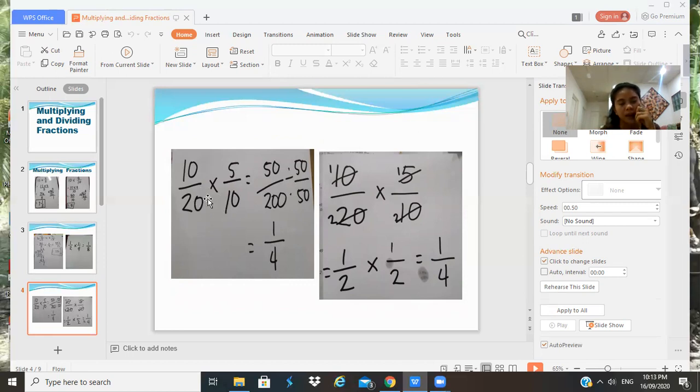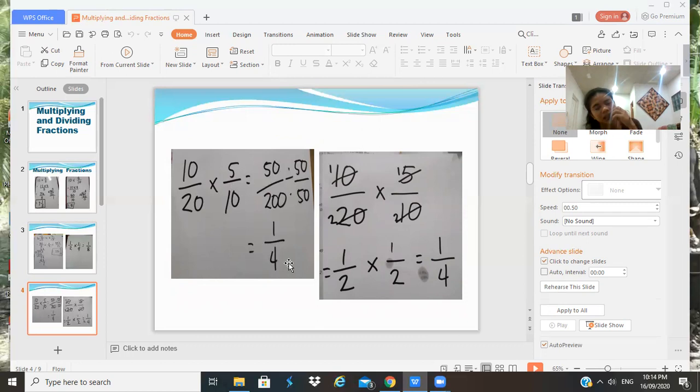We multiply. 10 times 5 is 50, and 20 times 10 is 200. So divide both by 50 because they can both be divided by 50. 50 divided by 50 is 1, and 200 divided by 50 is 4. That's why 10 over 20 times 5 over 10 is 1/4.